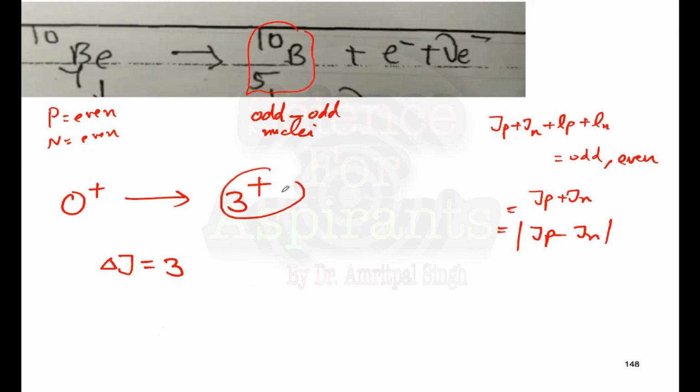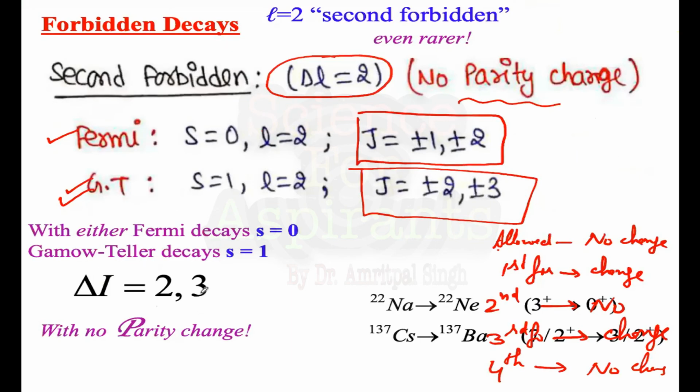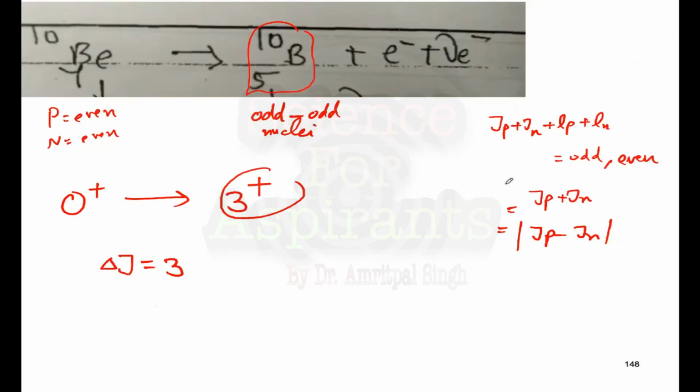And when you see, it is a purely GT transition, because J value for GT is between plus minus 2 and plus minus 3. So I will go to the previous slide. So delta J, there is only a change of plus minus 3 for the GT transition. So this is a purely GT second order forbidden transition.